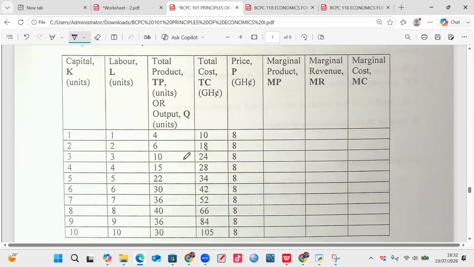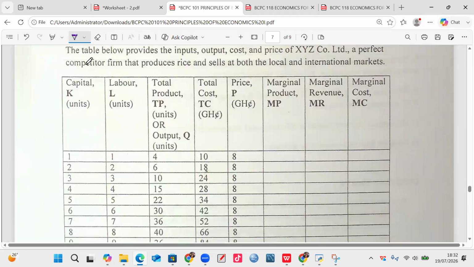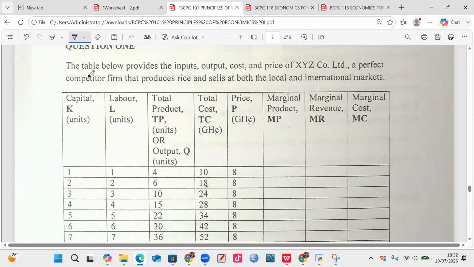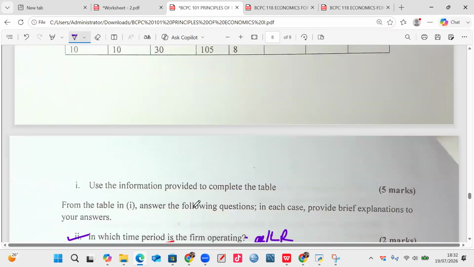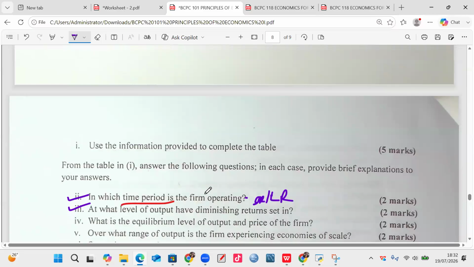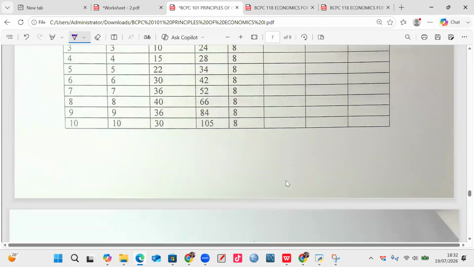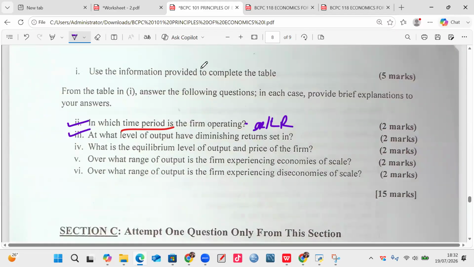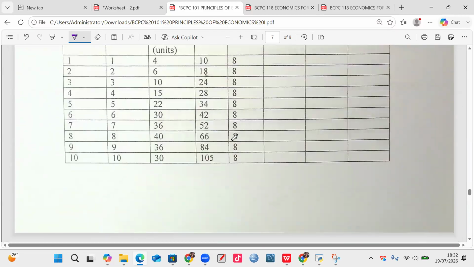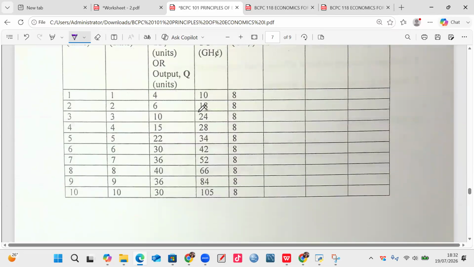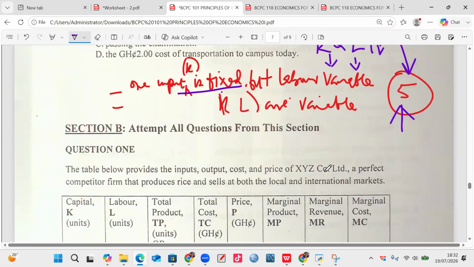You don't first come and read the case study or the scenario, then come and read the requirements, right? Then go back again, go and read the case study again, then come and read the requirements. No. First, you read what they want you to do, then go and look at the case study so that as you are approaching the question, you know what to do.